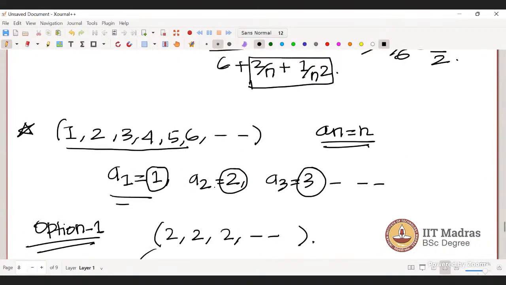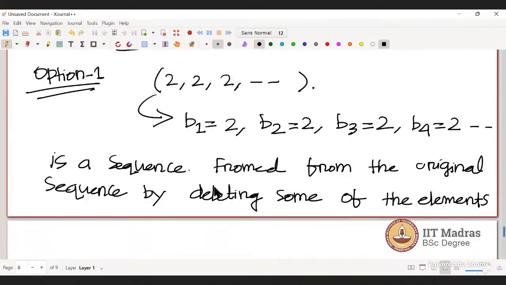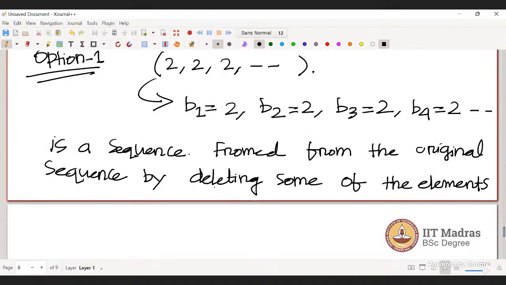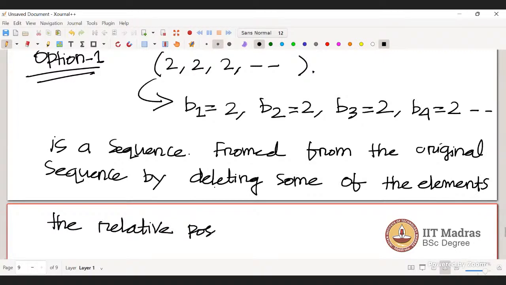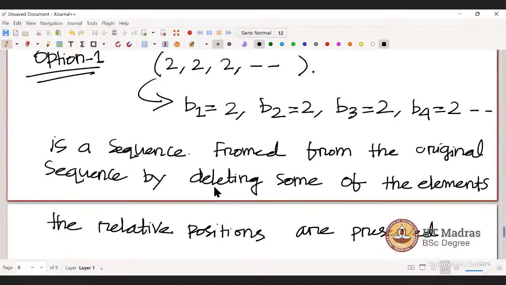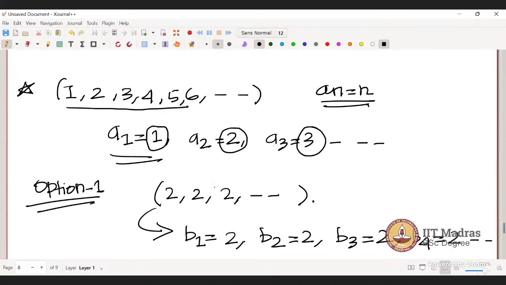So this is my original sequence. But again, you have to make sure that the order of the elements, that is the relative positions, are preserved. So we can't have all the terms the same in this particular subsequence.